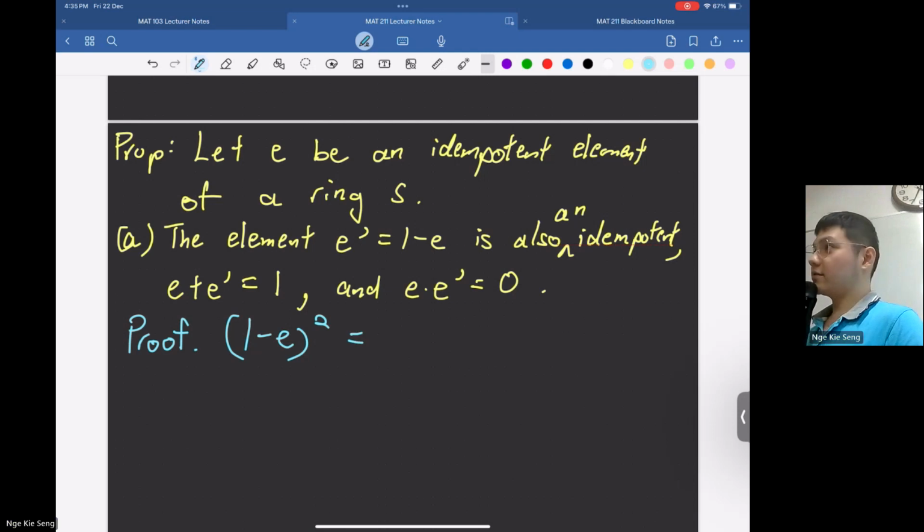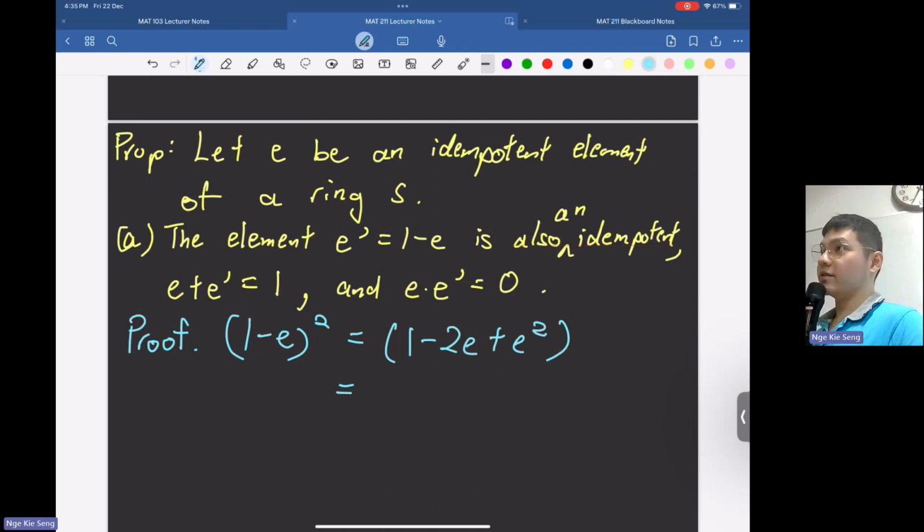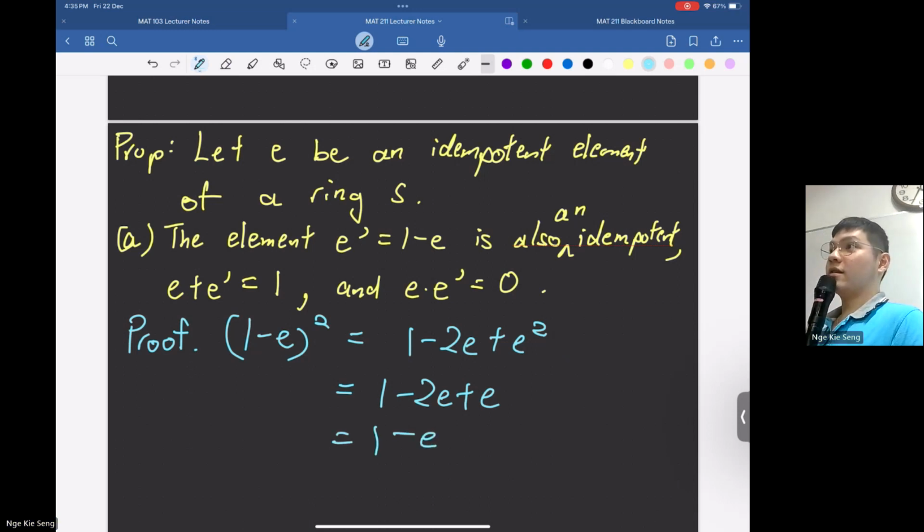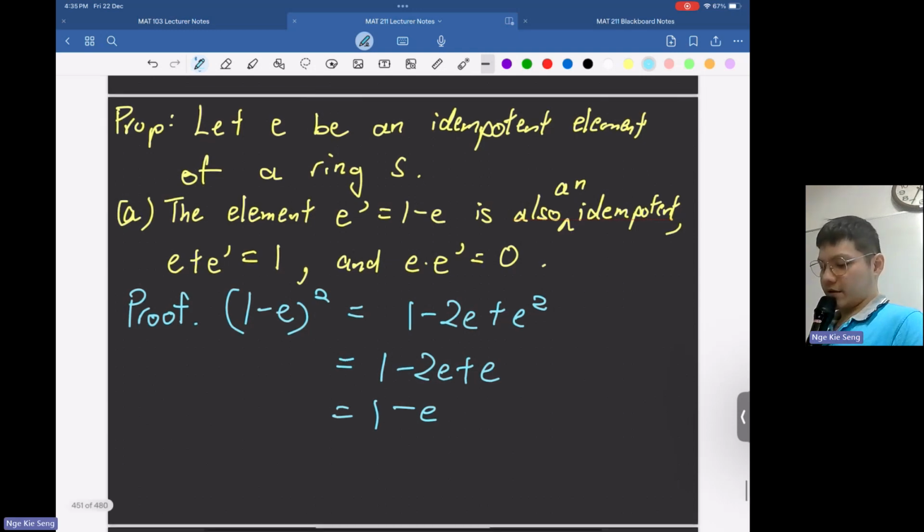What do you get? 1 minus 2E plus E squared. But E is an idempotent, so you should get 1 minus 2E plus E, and then you get back your 1 minus E. So it is an idempotent.